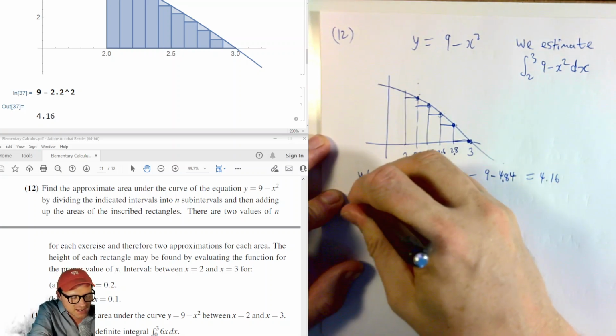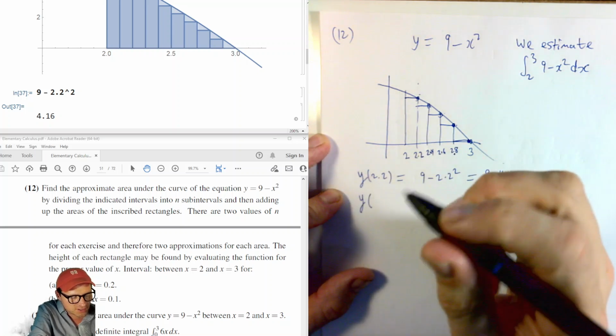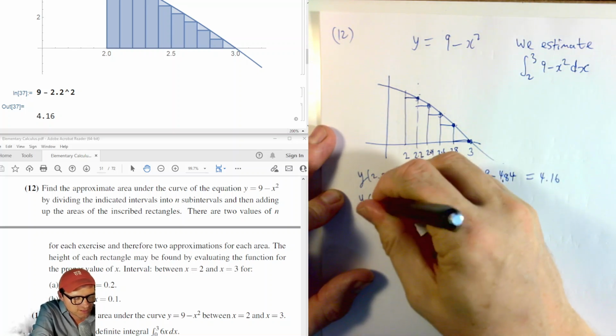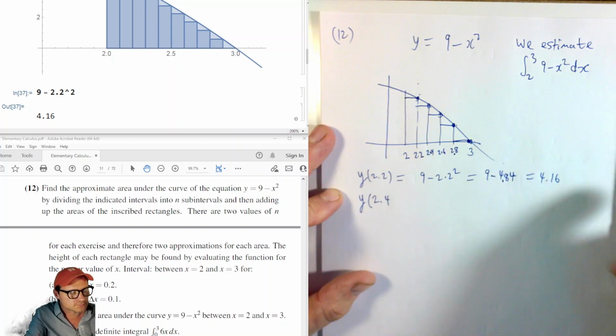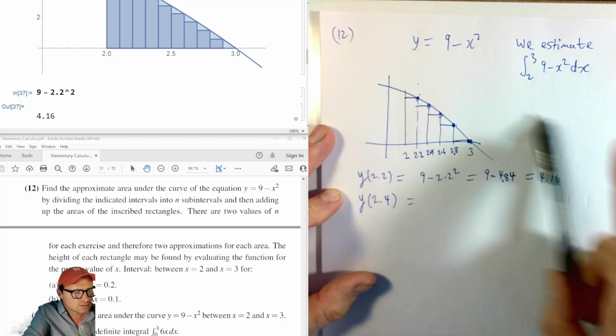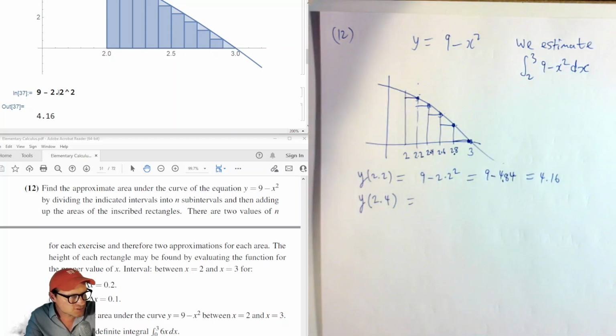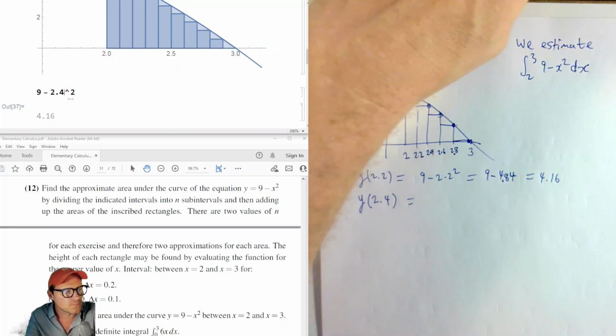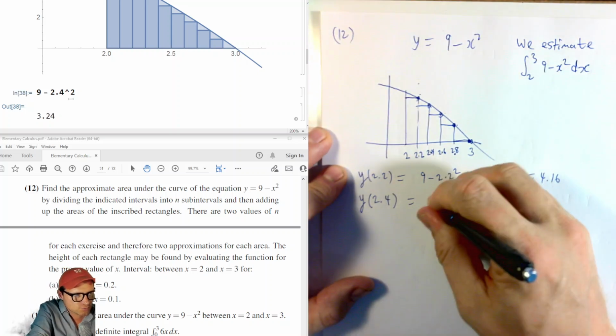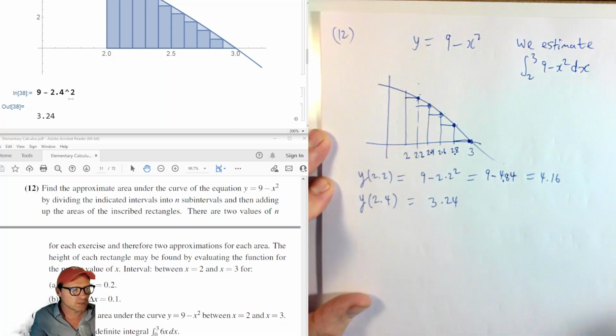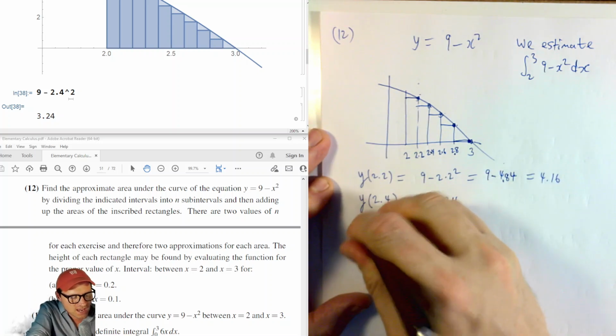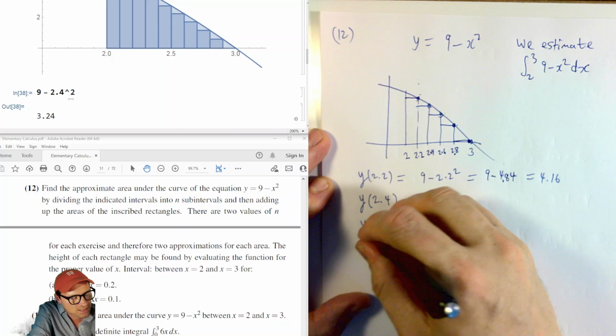All right, let's do our next y value. So y of 2.4. So just change the 2.2 to 2.4. So we now have 3.24. Okay, now let's do this at 2.6.